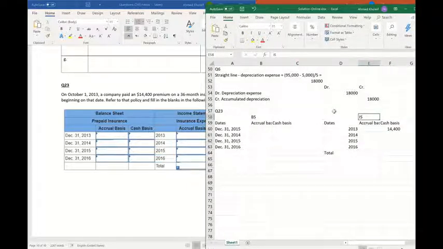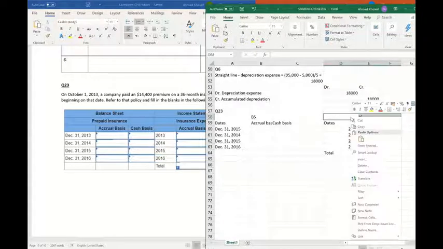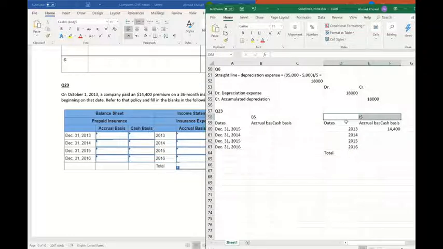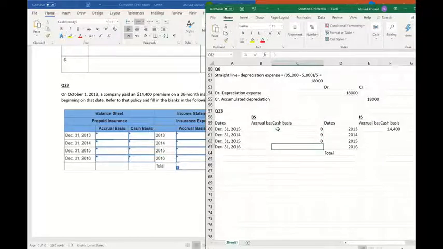So the full amount is in the income statement as expenses. And this means that there will not be any assets here or any other expenses in subsequent years.